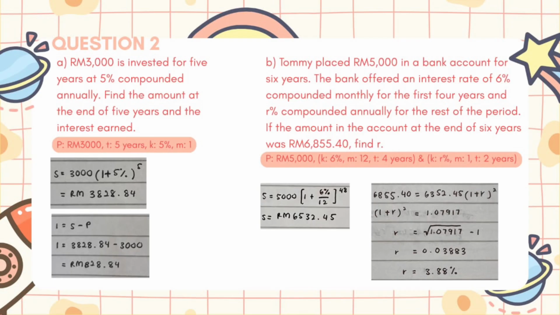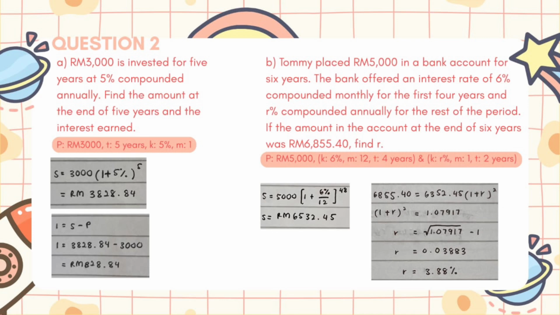We calculate this using S equals 5,000 times open bracket 1 plus 6% over 12 close bracket to the power of 48. This gives 6,532 ringgit 45 cents after 4 years. Next, the final amount at the end of 6 years is 6,855 ringgit 40 cents.